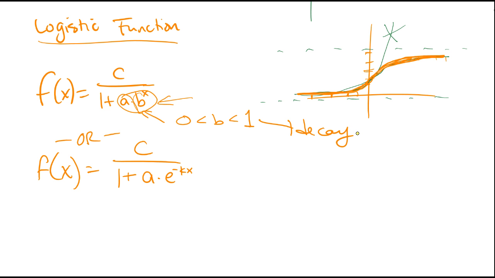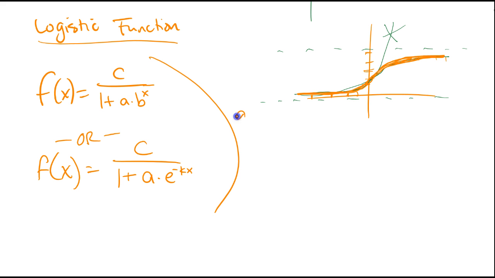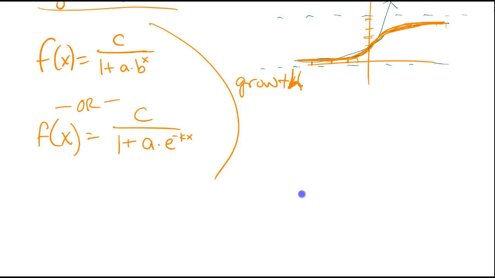So pretty close to that, we have the same effect that we can use on these logistic functions. So these are now the growth versions of the logistic function. But what about the decay functions?